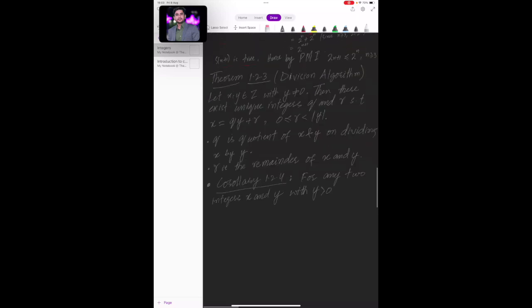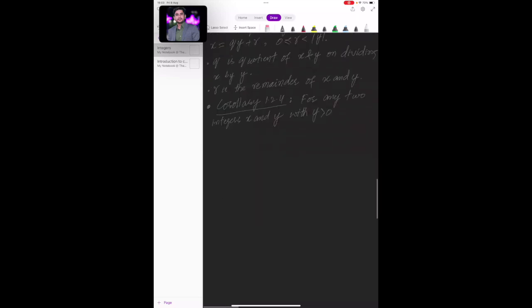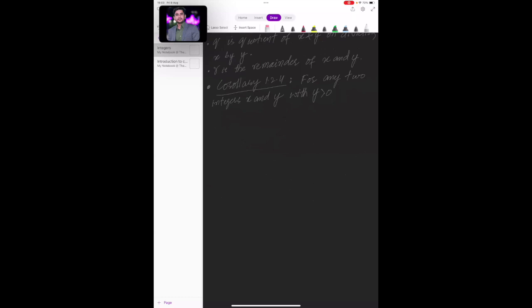In the theorem, we have a condition that y is not 0. Now we have a condition that y is greater than 0. Then we can say there exist integers q and r such that x can be written as qy plus r. Now r has a different bound. Now we don't have to consider the absolute value.